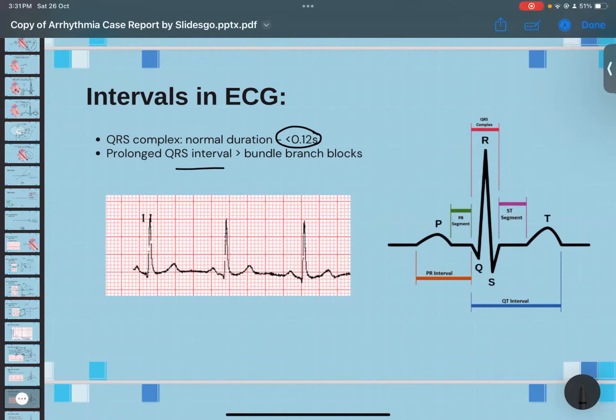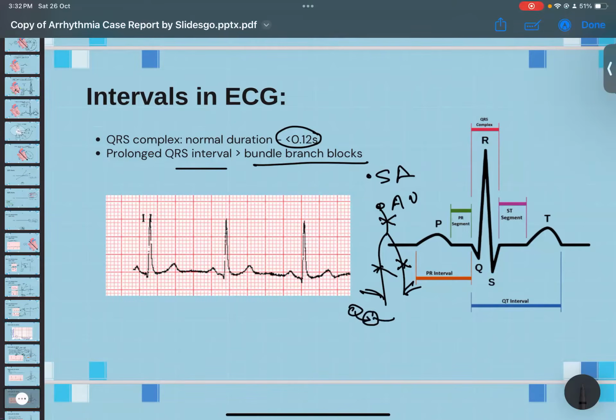If you have a prolonged QRS interval, that means there is a bundle branch block. And by that I mean, let's say there's SA node, AV node, His, and then left and right bundle branches. If there's damage within the His bundle, or the left or the right bundle, or within the Purkinje system itself, now the action potential is traveling from one myocardial cell to another myocardial cell.